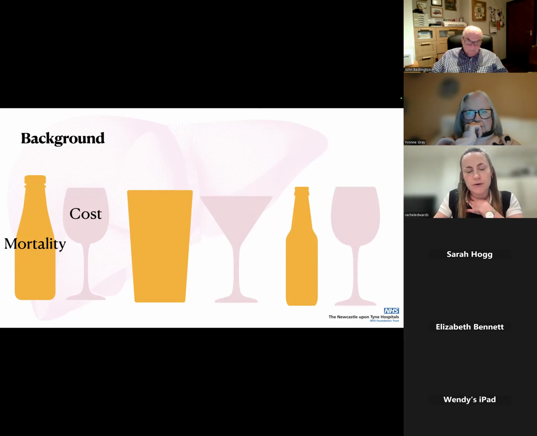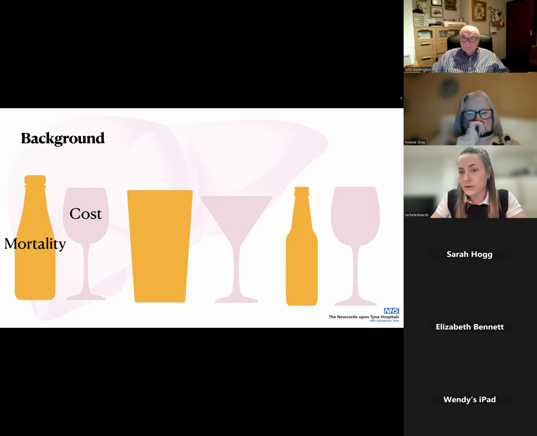Cost. So the cost of alcohol misuse to society is estimated to be in the several billions. And the indirect costs of alcohol on society are probably far greater than that through unemployment or other harms from injuries. And in addition, we think about the pattern of the interactions of patients who perhaps drink alcohol excessively.